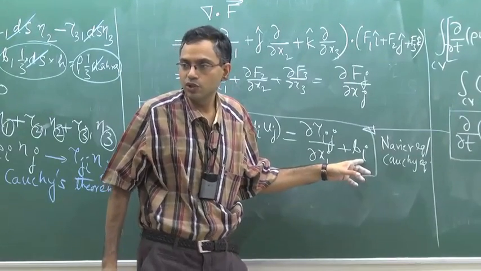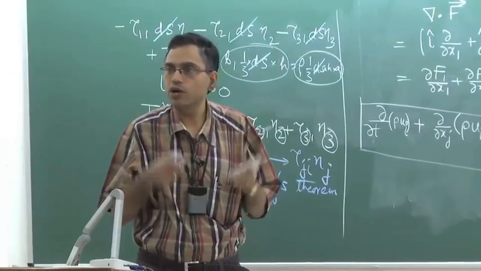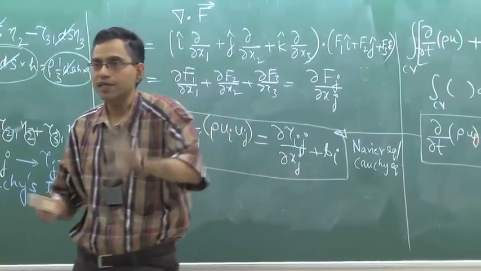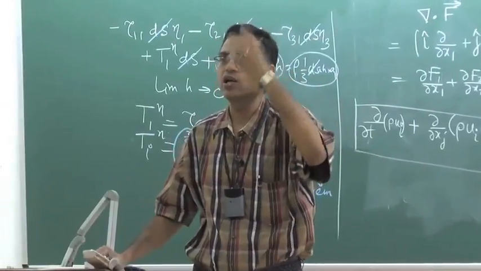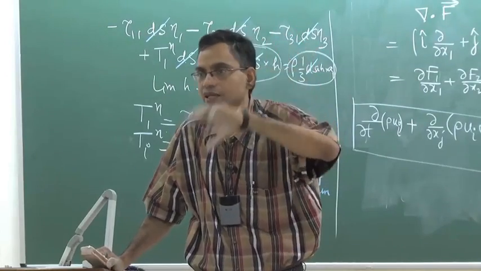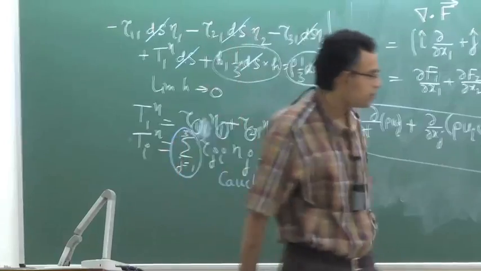So eventually the stationary and non-deformable control volume assumptions also can be relaxed, because that will give rise to additional body force. For example, if you have an accelerating control volume, that may give rise to centrifugal force. So you can put that in terms of a body force.